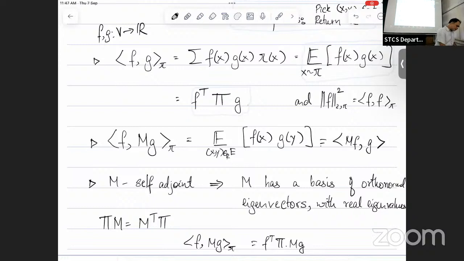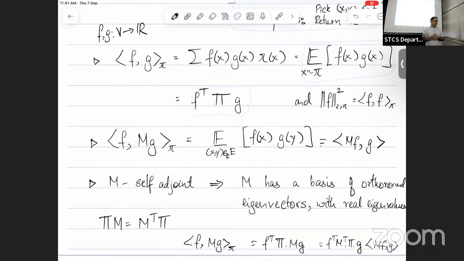The other direction would be writing this as Mf and g: f transpose, M transpose, stick a pi in the middle, and then g. This should be true for all choices of f and g, and that basically tells you that pi M should be equal to M transpose pi.